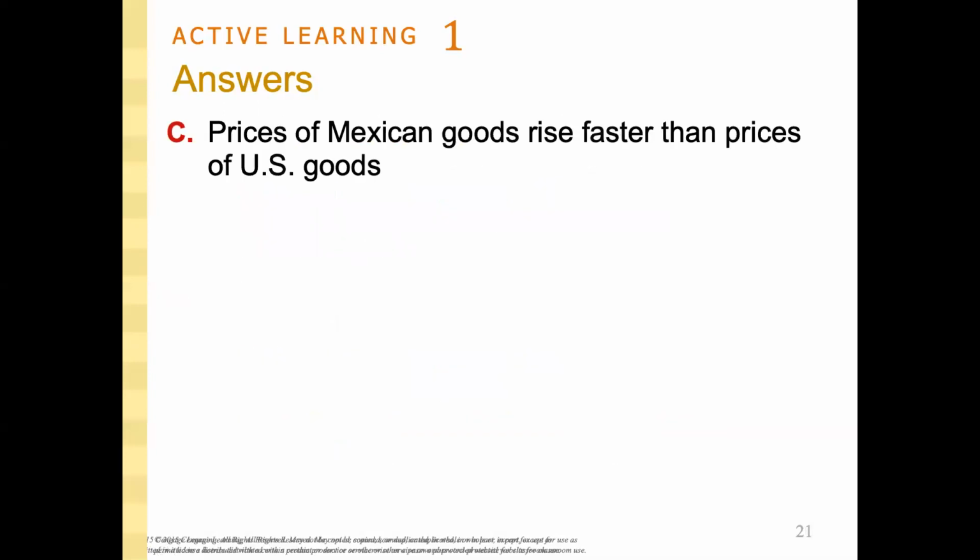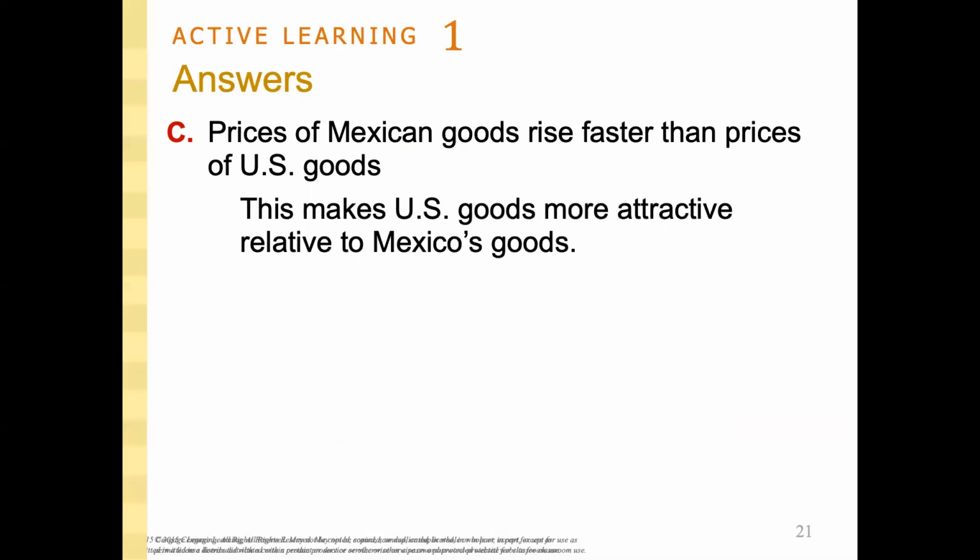Prices of Mexican goods rise faster than the price of US goods. That would mean that US goods would become much more attractive relative to Mexican goods. So whereas a Mexican product normally might be very popular among consumers, if the price of that good was to rise and we were exporting goods into Mexico at a lower price than the Mexican equivalent or substitute, Mexicans would substitute away from their domestically made good and to the imported US good.